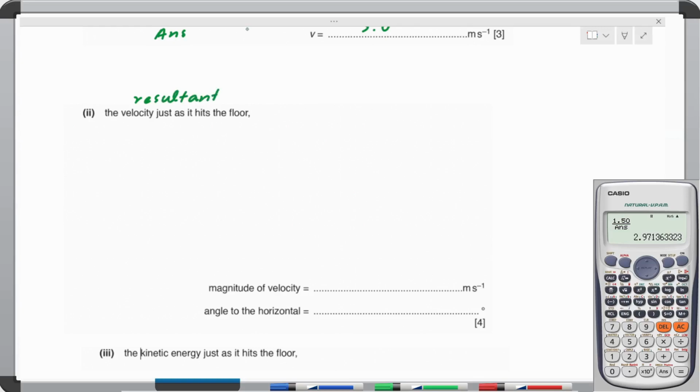And the resultant velocity is always related to the horizontal and vertical velocity by Pythagoras theorem. So let's say this is the final vertical velocity and this is the final horizontal velocity. Then if you need to find the final resultant velocity, you can link it with the Pythagoras theorem.